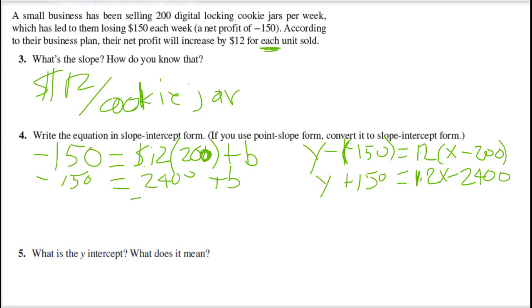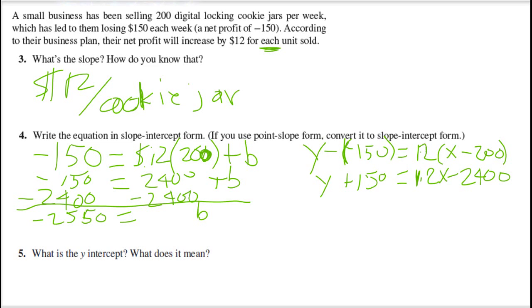We subtract 2,400 from both sides to get our y-intercept. So we know that b equals negative 2,550.